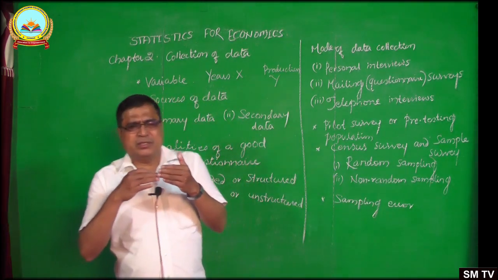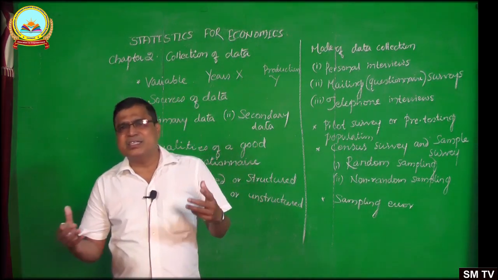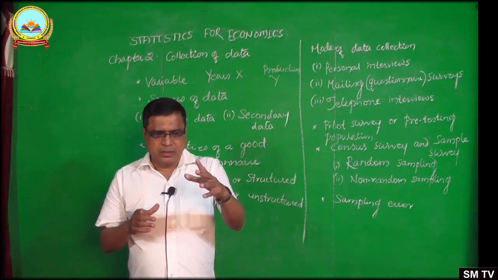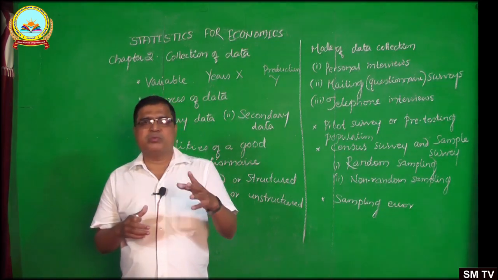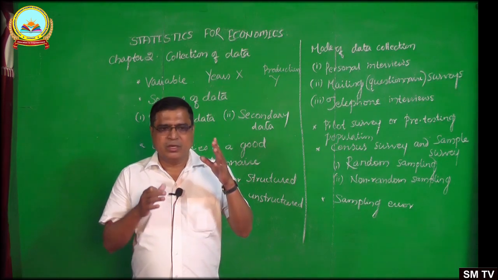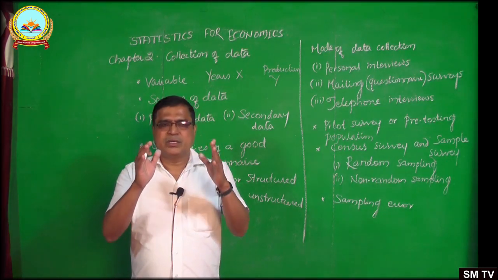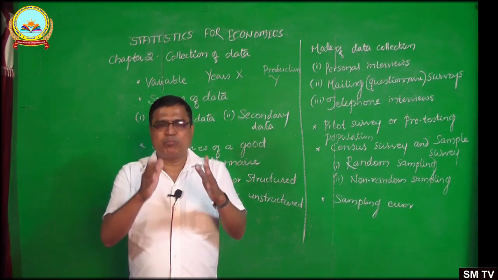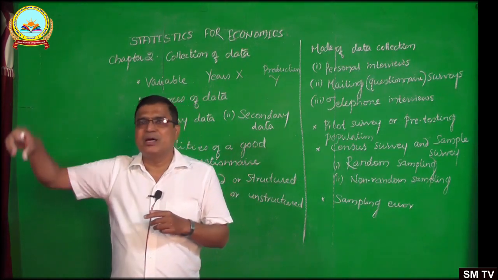It is not explained in detail in the textbook, but we should know. Here the enumerator, or the researcher or investigator, has some particular idea. So he has a certain purpose. So he is not going to select the units randomly.